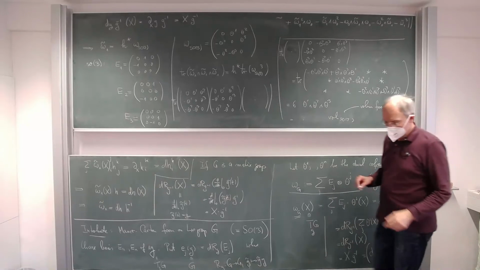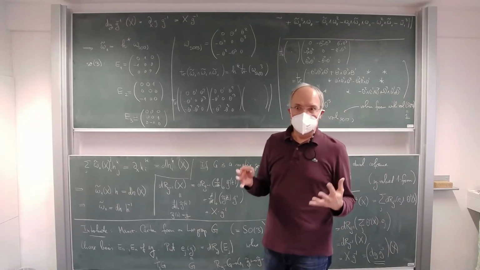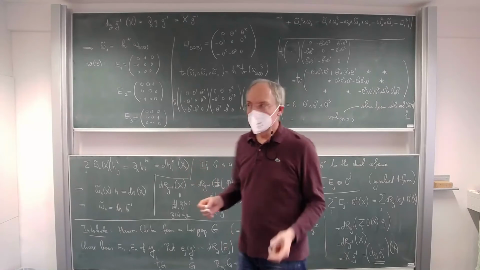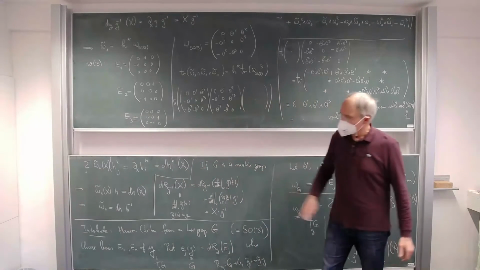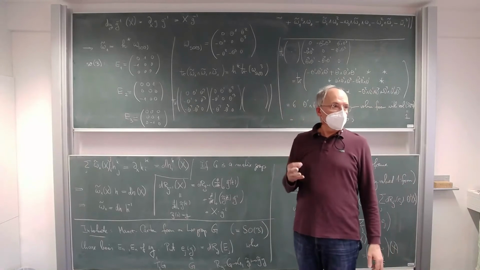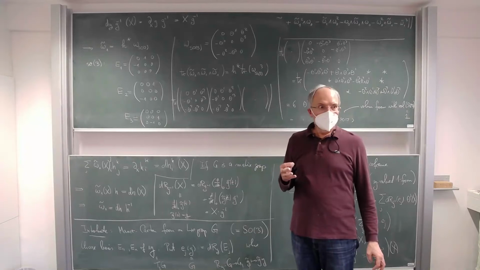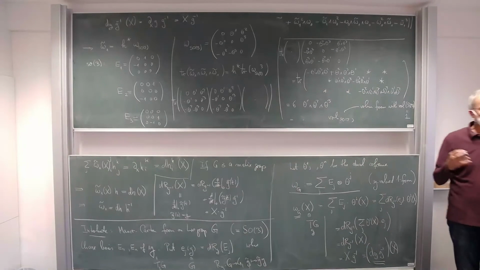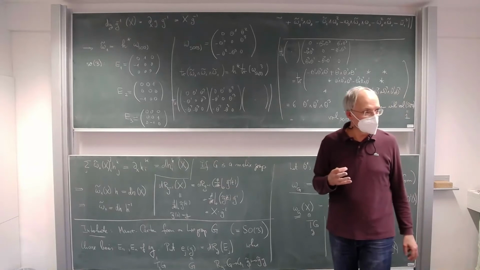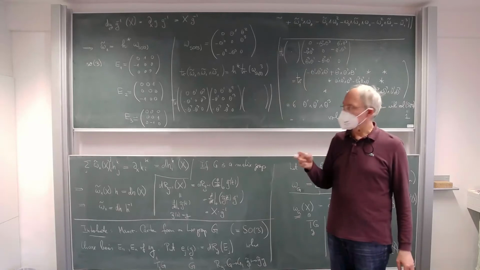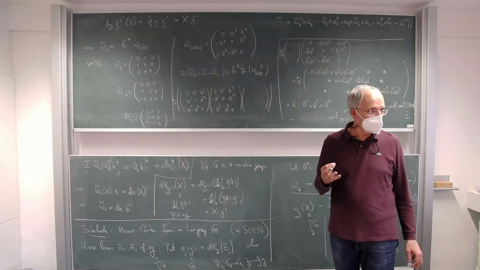Now SO3 as a manifold is RP3, it's just S3 modulo Z2, a real projective space. And by the invariance of the metric, it's a constant curvature metric, so it's just the quotient of the standard metric on S3. The standard metric has volume 2 pi squared, I hope, in 3 dimensions. And so RP3 will have pi squared.